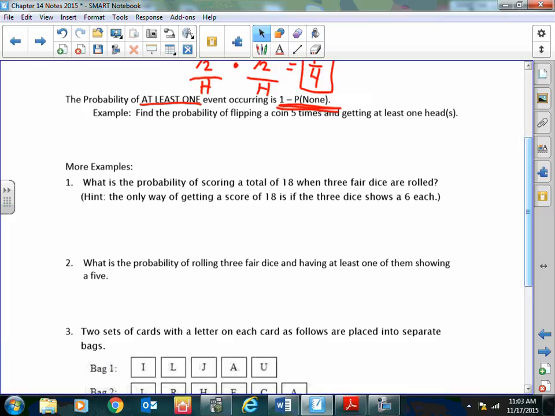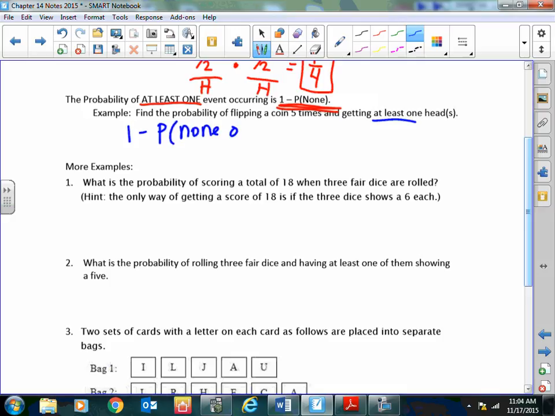Because I know that the probability of flipping it 5 times and getting at least one heads, at least one is my key, that would mean 1 minus the probability of none of the 5 coins are heads. It's everything except all 5 of them being what?